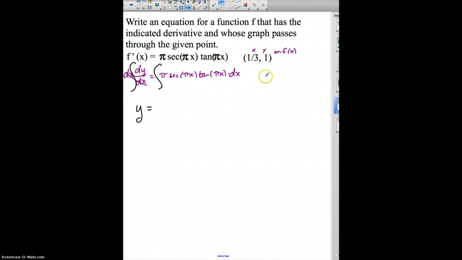What if we choose u as the innermost function, which is pi x? Pi x is inside of secant and tangent. Take the derivative. That's pi. Multiply both sides by dx. Du equals pi dx. Solve for dx by dividing by pi.